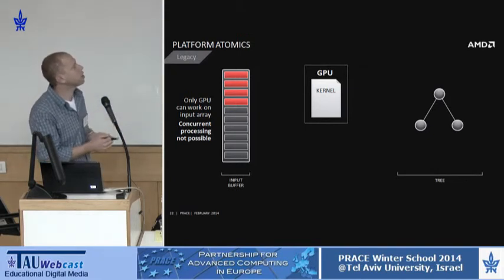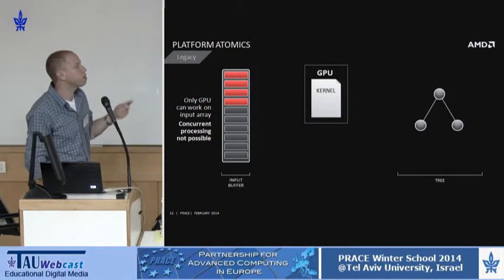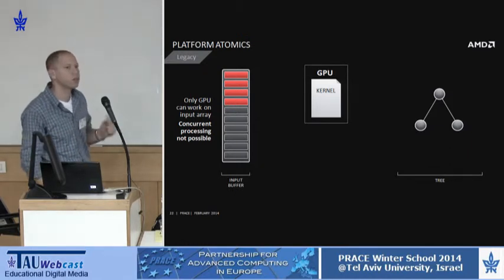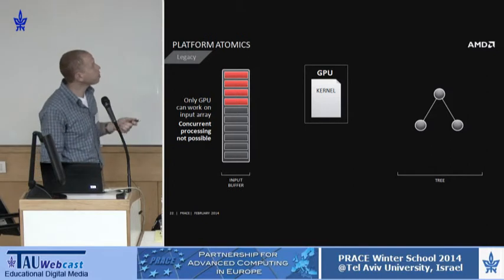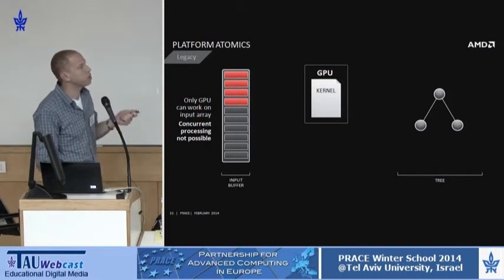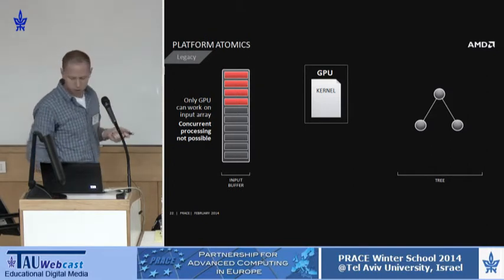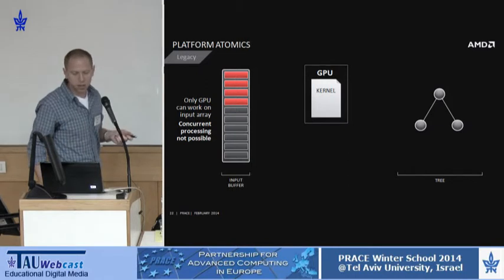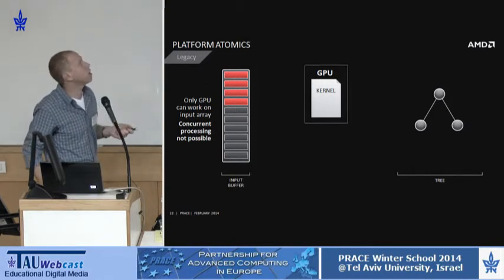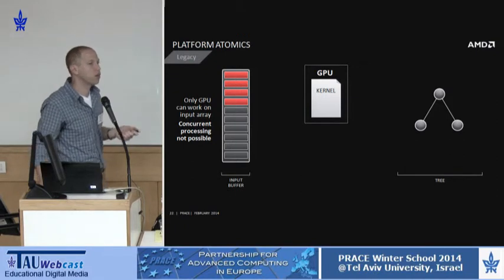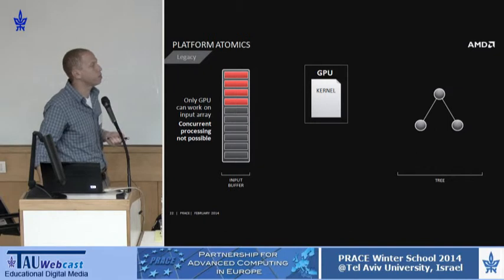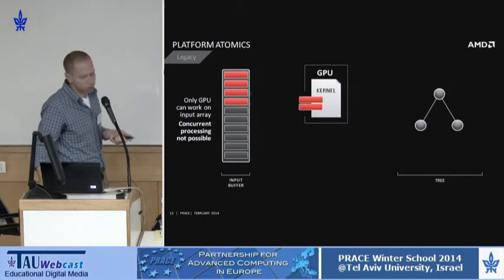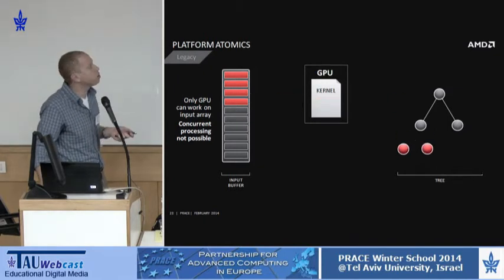Another use case for atomic operations that are coherent between CPU and GPU is the construction of a binary tree in parallel. If we try to perform a binary tree construction in the traditional or legacy programming model, then the GPU would basically do all the work.